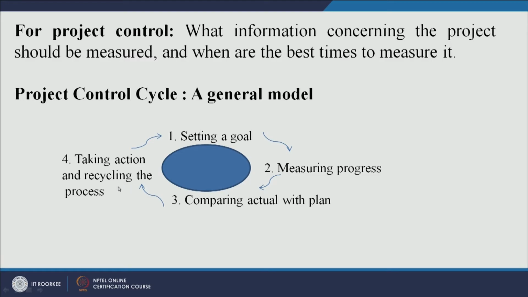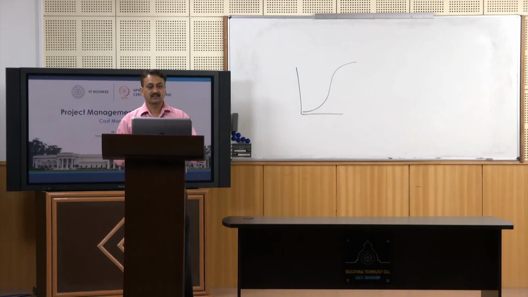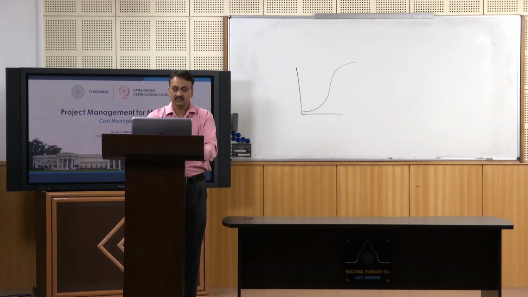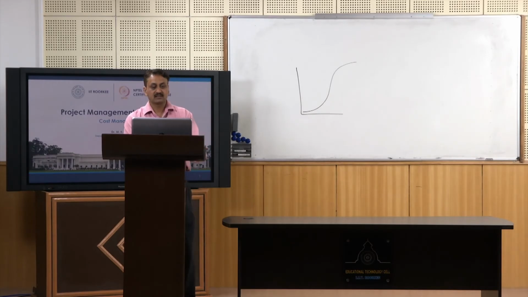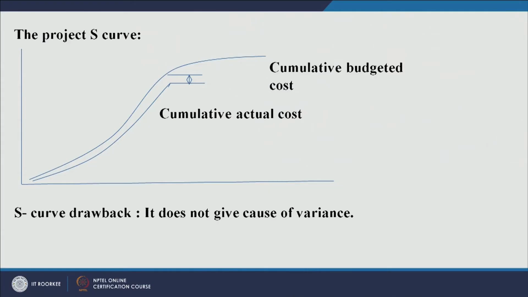This is a very simple cycle, also known as PDCA: plan, do, check and act. So, this is the project control cycle, a generalized model to measure performance of the project.